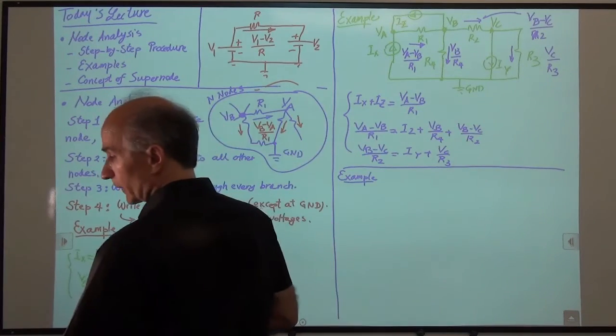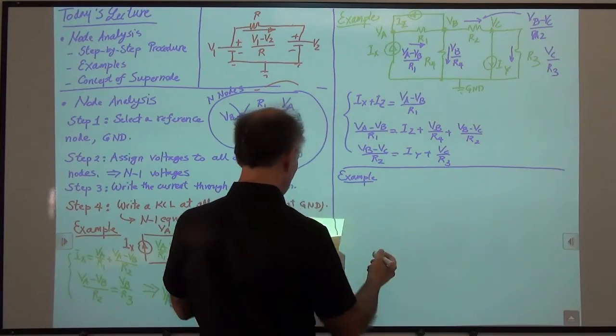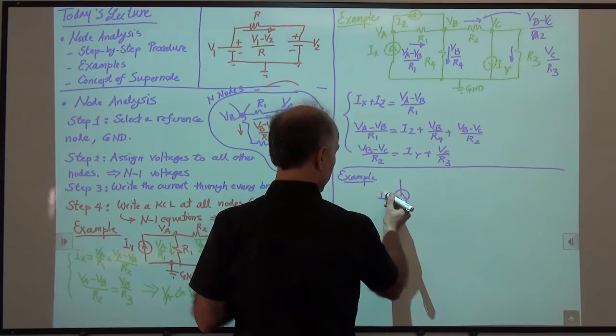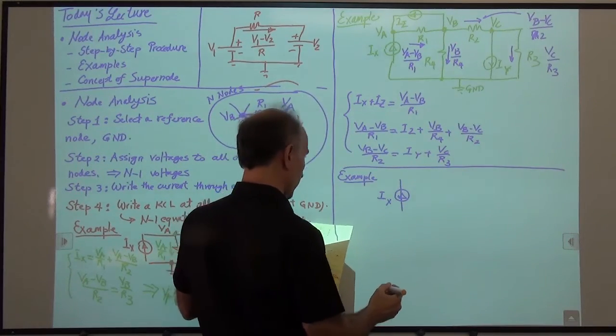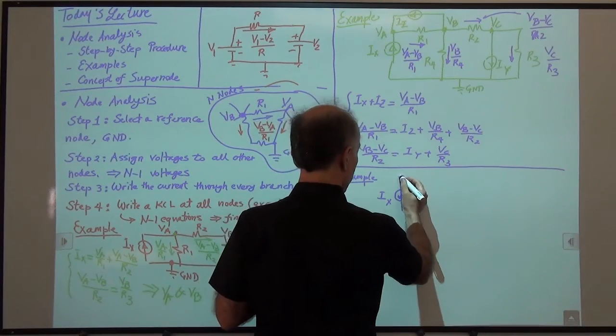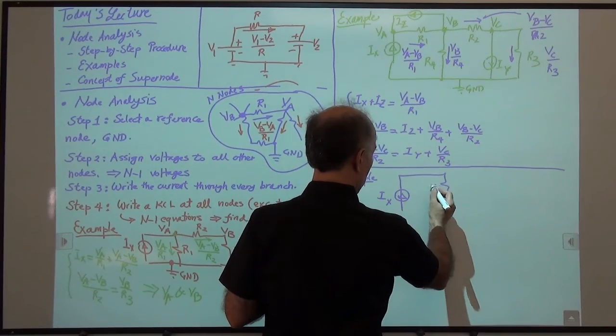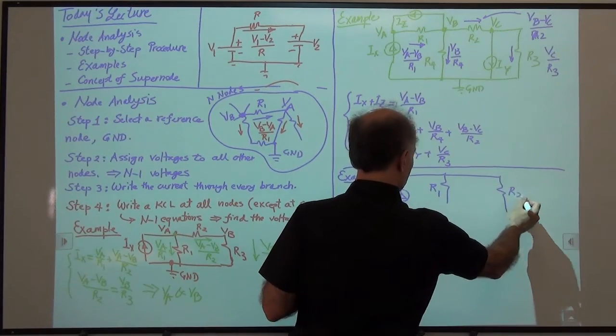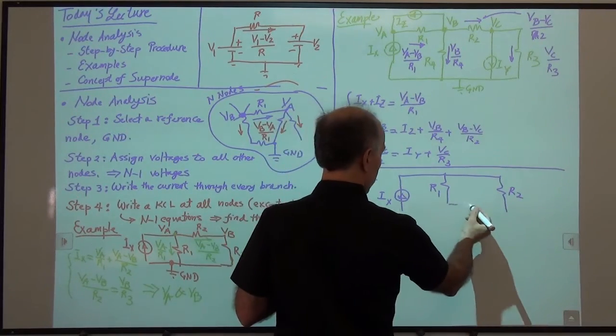Okay, so in this example, we have a current source. So let's call that IX. And then we also have some resistors. So here's one resistor, R1. Here's another resistor, R2. And here's another resistor R3.